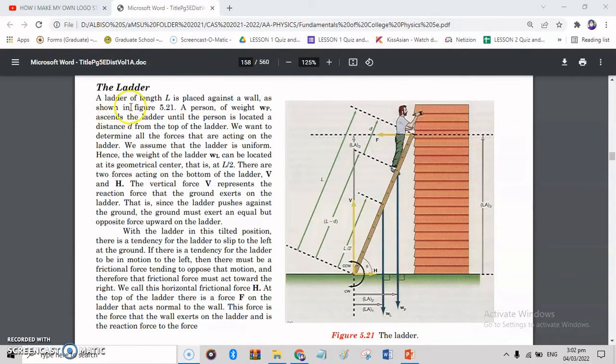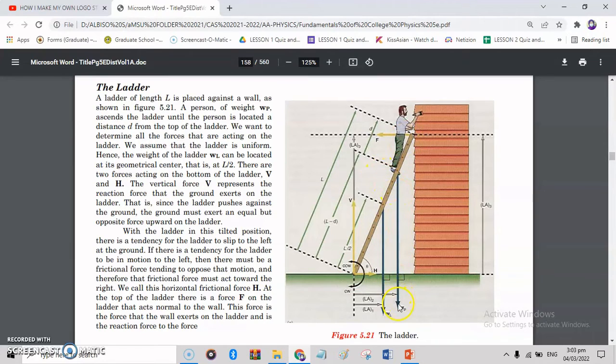Next is the ladder. A ladder of length L is placed against a wall, as seen in this figure. So, a person of weight WP ascends the ladder until the person is located at a distance D from the top of the ladder. So, dito siya nagsimula until nandito siya.